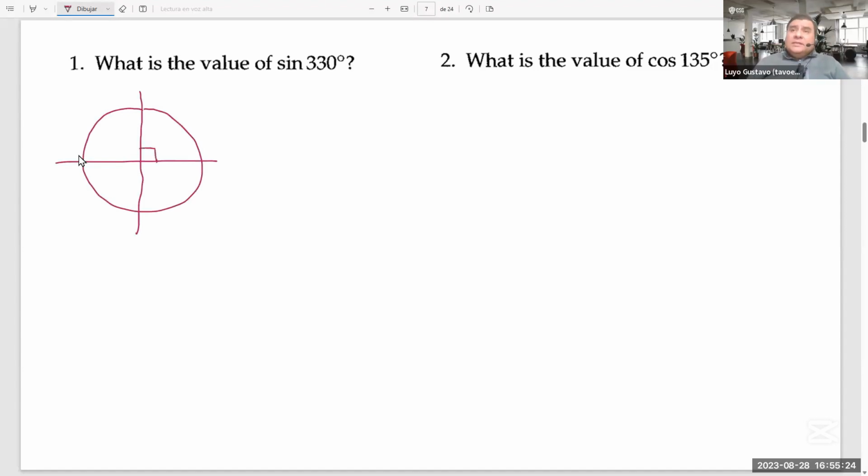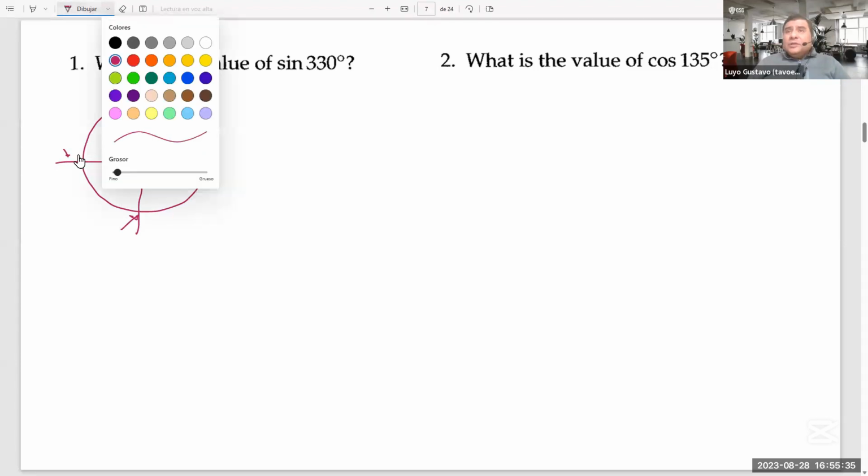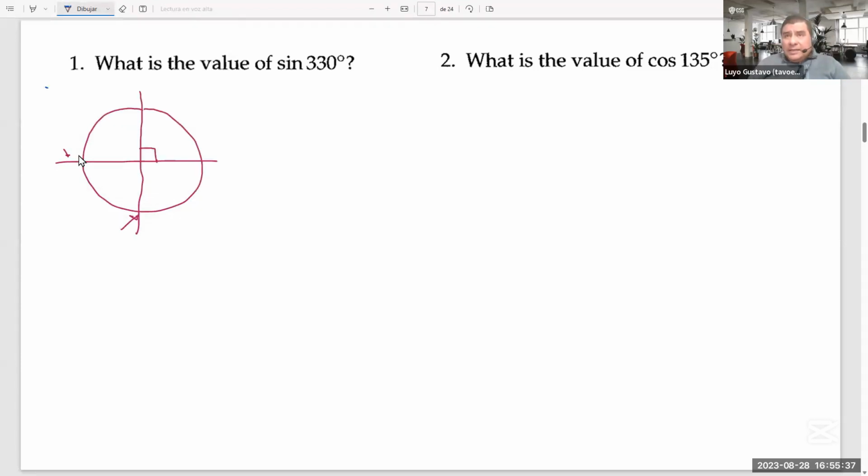Here is 90 degrees, up to this point is 180, 90 more, and up to this point is 270. So 330 degrees should be something like this. It's in the fourth quadrant.